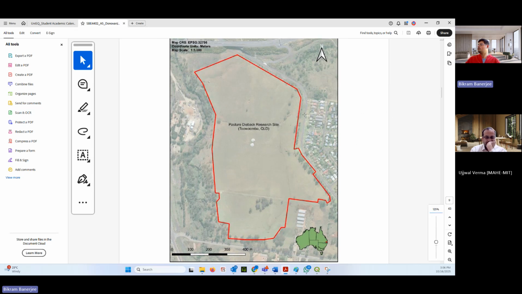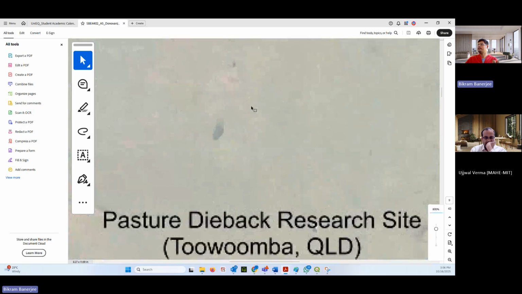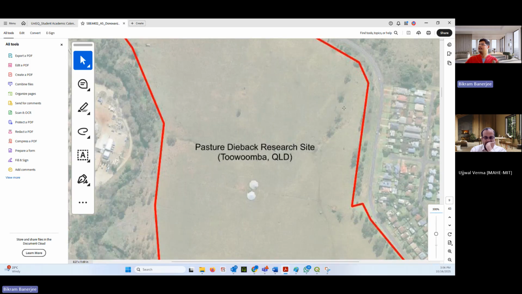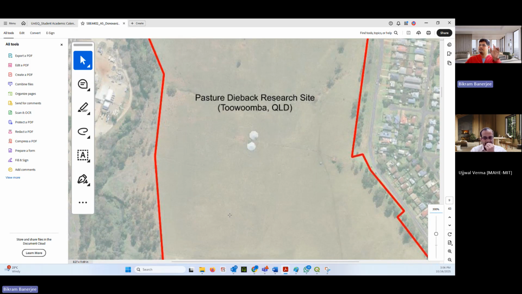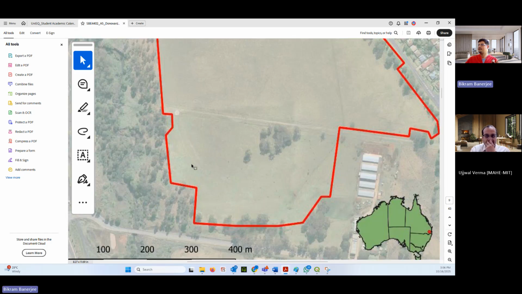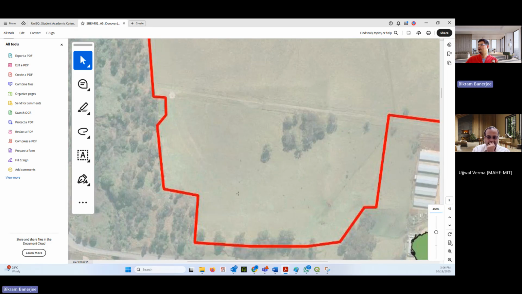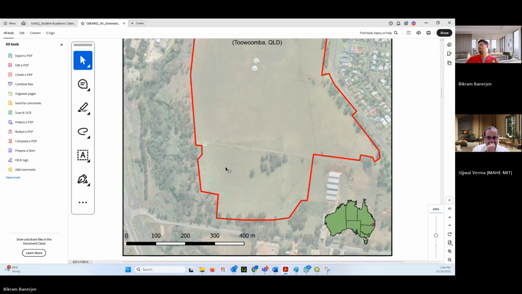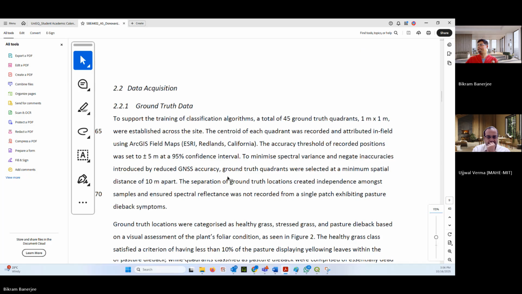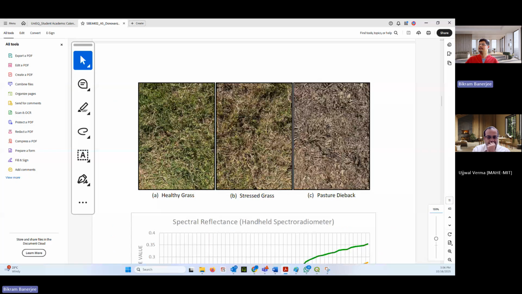And so the areas of those pasture dieback, you can see here a bit of a brownish area. He has created a sort of a mask here. So that sort of diminishes the greenness a little bit. And the area that I was showing you was here. That's the big pasture dieback. And this is healthy grass, stressed grass, and pasture dieback grass.